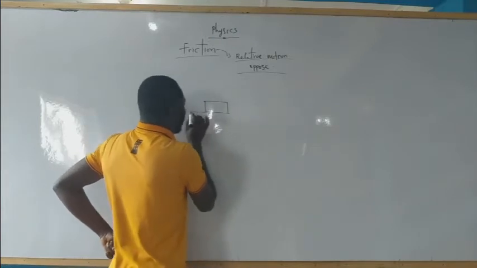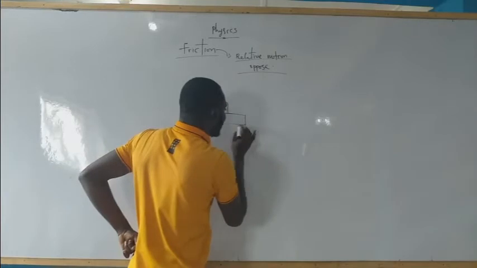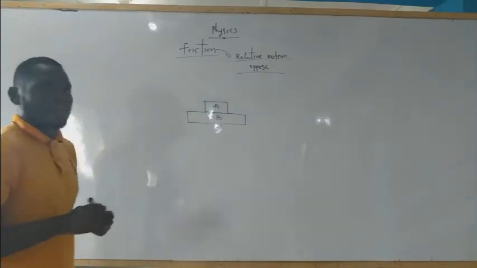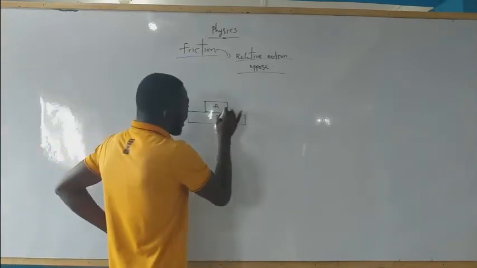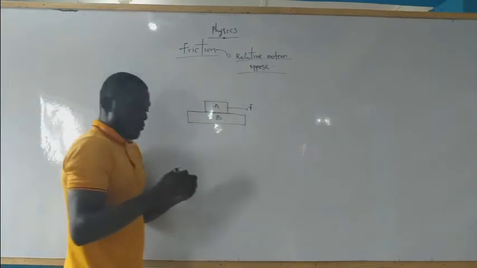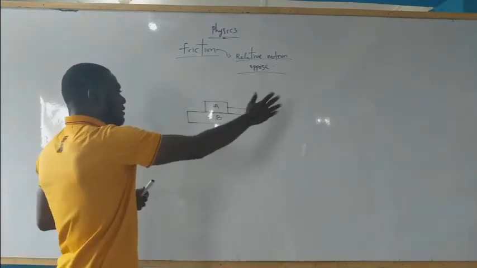Let's say for instance that we have a body A and another body B. There is a force F attached to body A to pull the body toward this side.